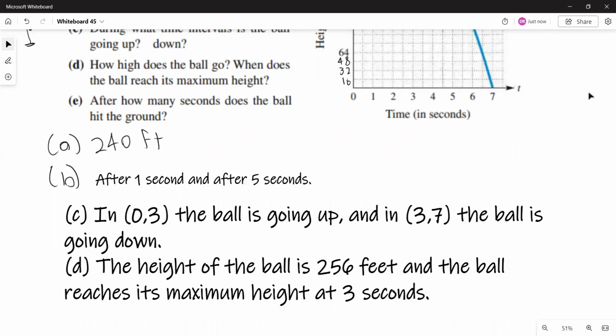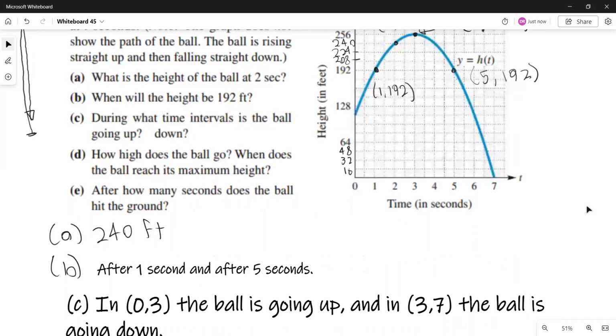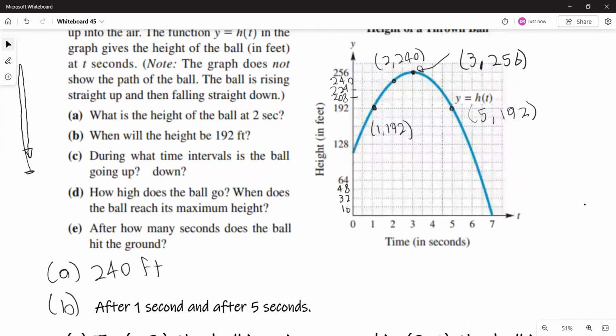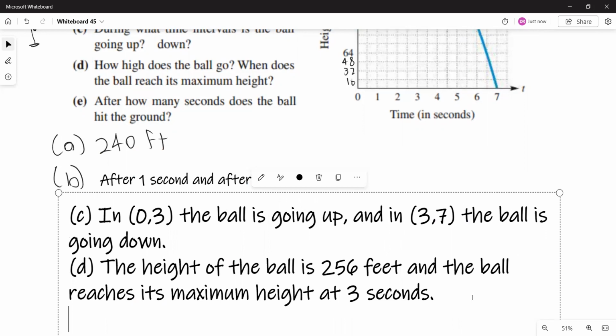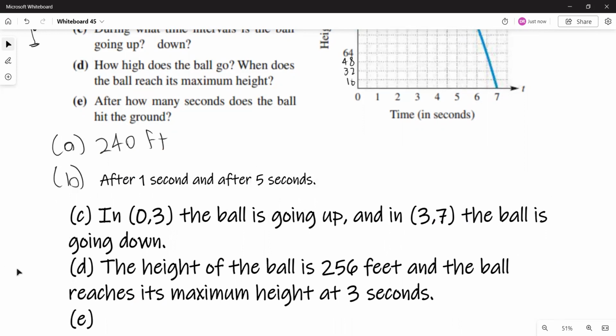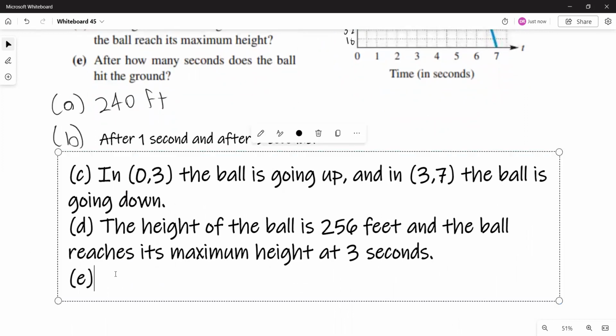And after how many seconds does the ball hit the ground? We saw that the height is going to be 0 at t equals 7. So that's going to be after 7 seconds. So this is it. With this, we finish section 2.3. Thank you for listening.